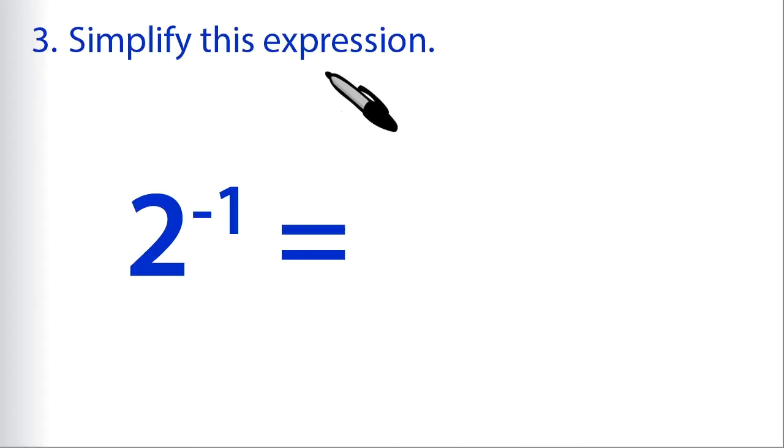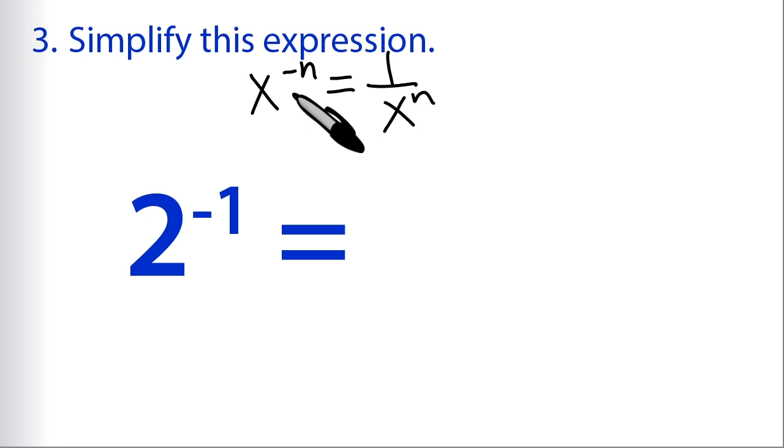For problem 3, we're told to simplify this expression, and we're given 2 to the power of negative 1. For negative exponents, we have a special law, and that law is x to the negative n equals 1 over x to the positive n. So this means that a base raised to a negative exponent will be 1 over that same base raised to the positive exponent, the same value of exponent, but positive instead of negative.